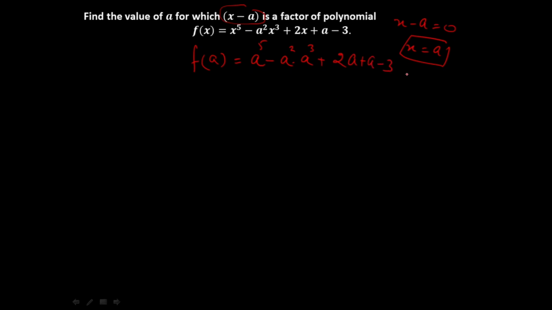That is the remainder, but the remainder is 0. This is a to the power 5 minus a to the power 5 plus 2a plus a, 3a, minus 3 equal to 0. Both signs are different, so they get cancelled. So 3a equal to 3, and the value of a is 1.